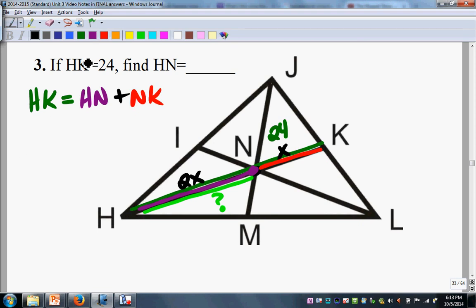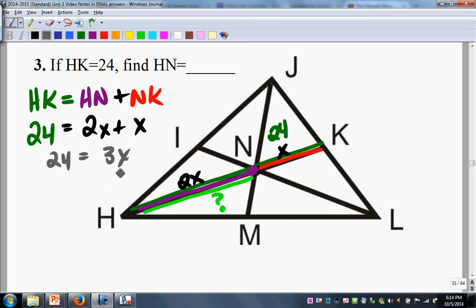And HK, the whole thing, is 24. H to N is a 2x and NK is our x relationship. So you solve. So we have 3x equals 24. Divide by 3. And x equals 8. So NK is 8 and H to N is 16. So H to N would be 16 here.